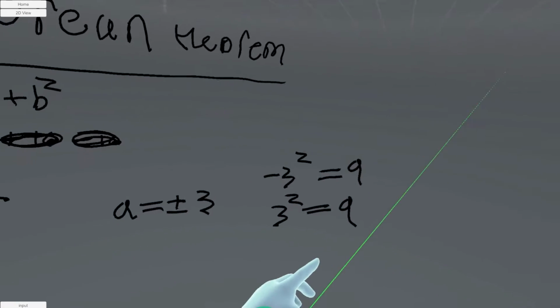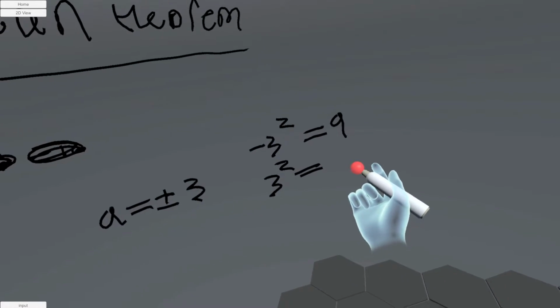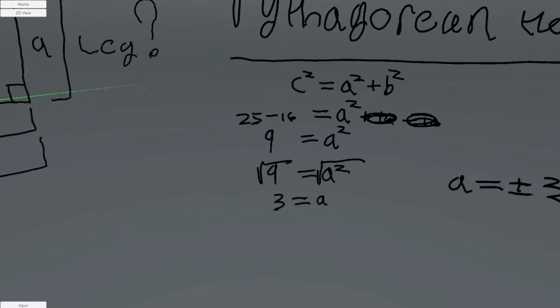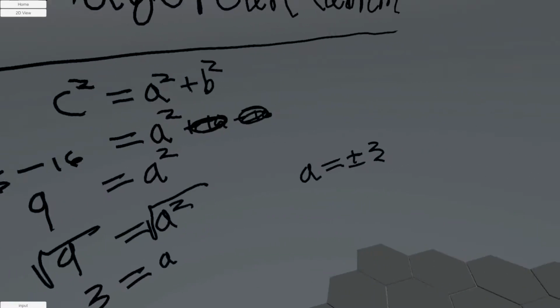So when we see the 9, we can't tell whether it came from a negative number or a positive number. But when we're dealing with questions like this on the length of a hypotenuse, or a leg, it's going to be a positive number because we're not having a negative length.